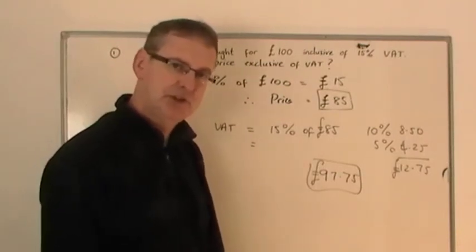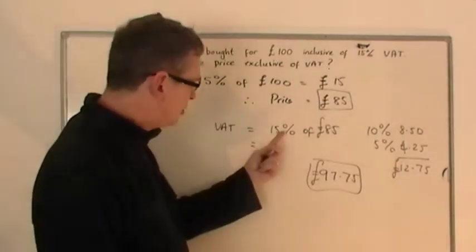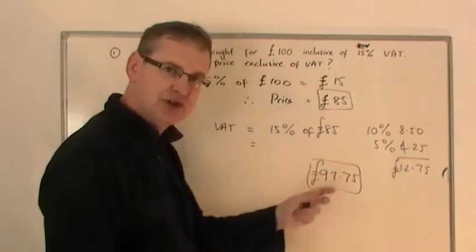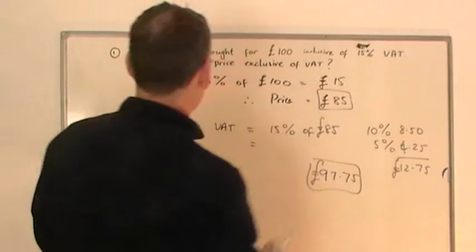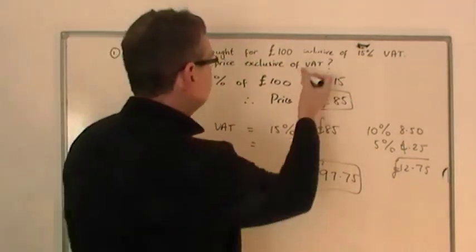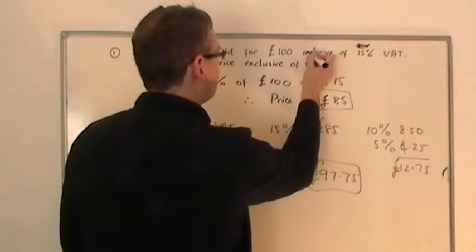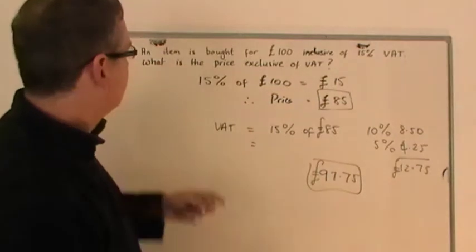It doesn't seem to make sense. Well, it's a very simple principle. The VAT is priced or charged on the original cost. Now, the original cost, if you look at the question there, you do not know what the original cost of the item is. The original cost is not given.